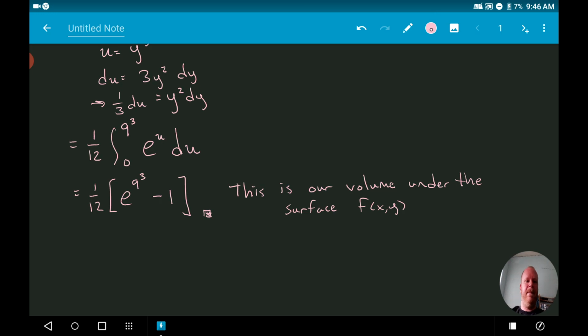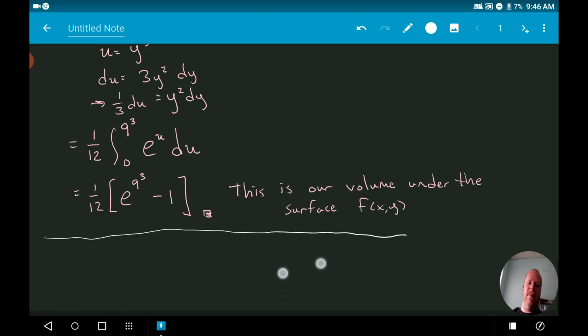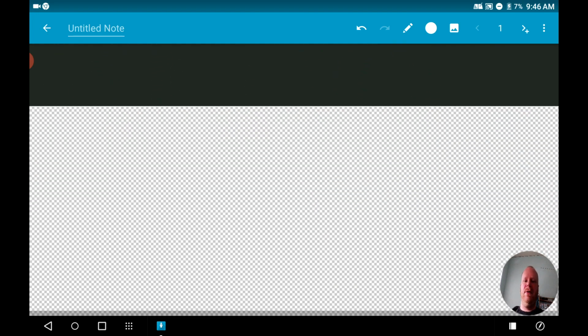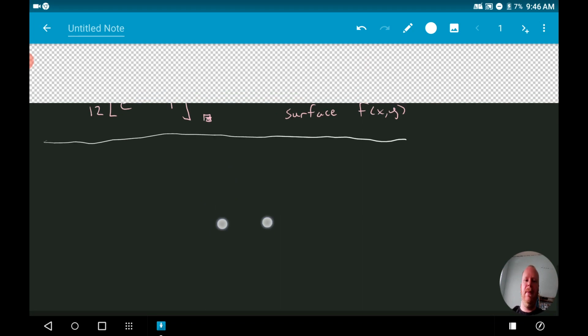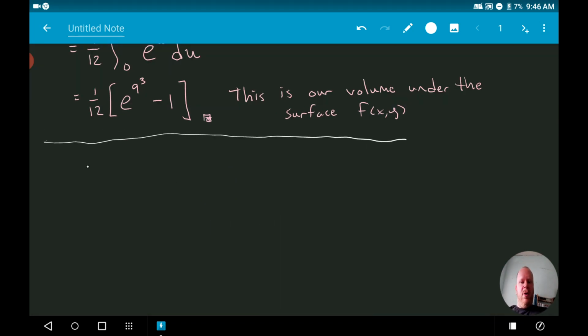Okay. One more example to just kind of show you another decision that you might have to make. This is going to be similar to the first one, where we are looking at this region, or rather this curve.